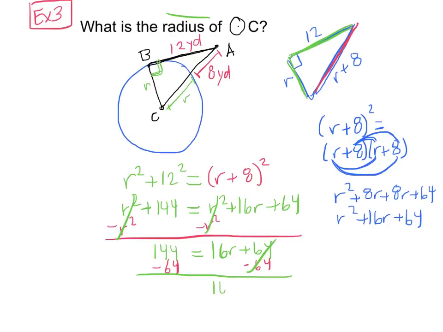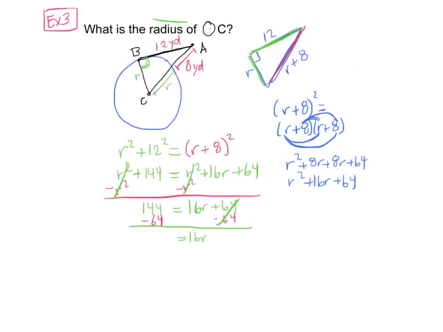I get 16r equals, I'm going to need some more space here. 144 minus 64, well, that's 0. And 14 minus 6 is 8. So that's 80. I'm going to divide by 16 on both sides.